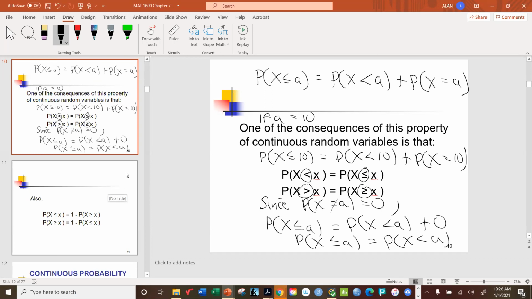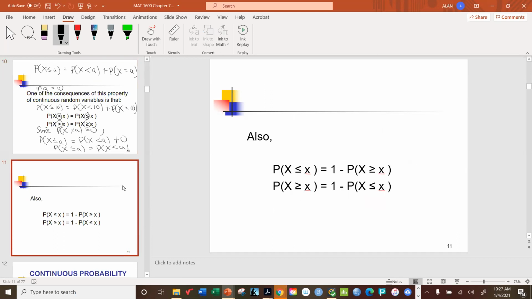Okay, so that also implies the following. Okay, so again, if you're looking at the real number line, let's say this is 10.